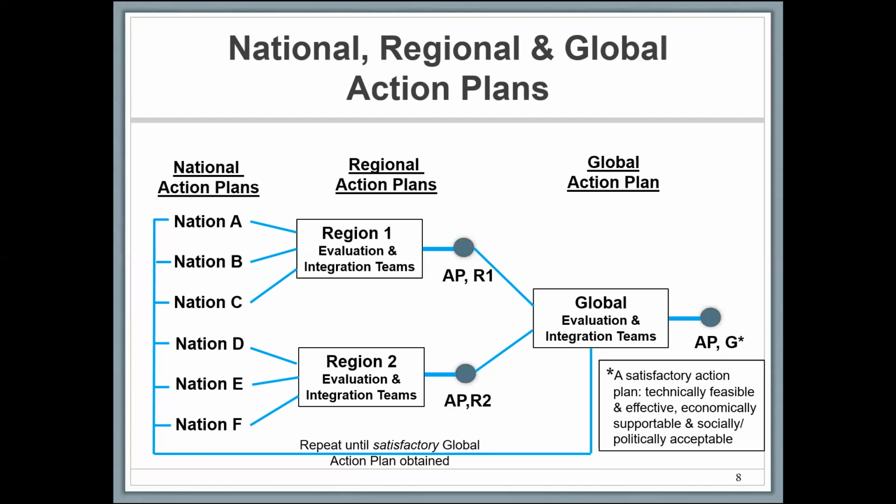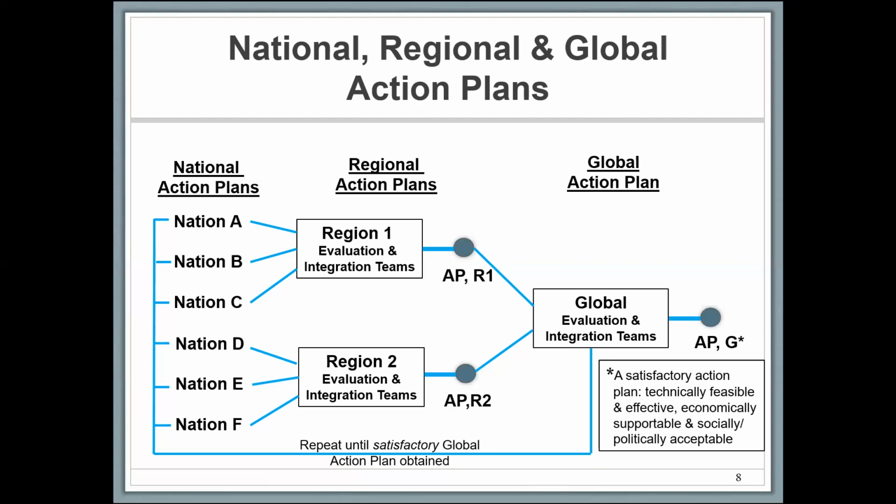A successful global action plan must be successful on Earth's terms to successfully halt net CO2 release, stabilize and adjust the Earth's energy balance, and address ocean acidification. It must also be economically supportable and socially politically acceptable, and have global ability to cope with climate change impacts.